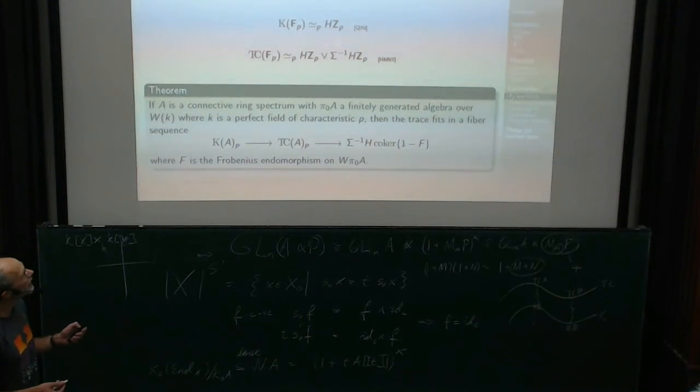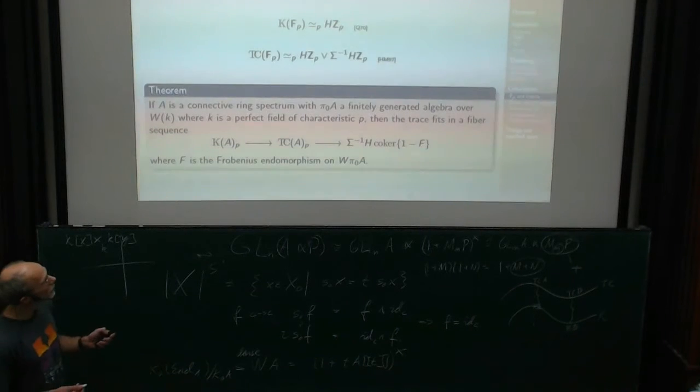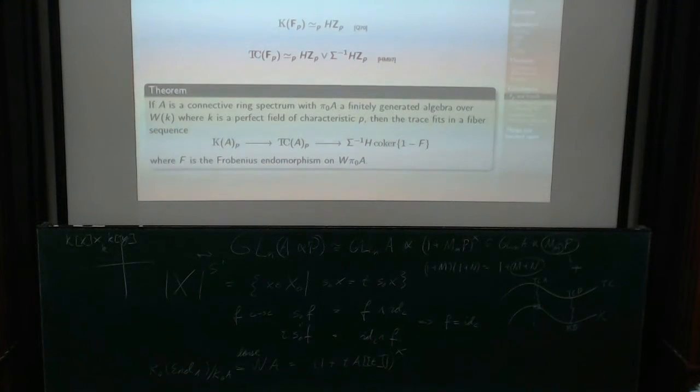But it isn't that strange, actually. So in here, there's a Witt vector construction sitting, and this is the kernel of 1 minus the Frobenius, which turns out to be the identity. So it's just HZP, and here is the cokernel sitting in one degree lower. But from there on, it really takes a life of its own.